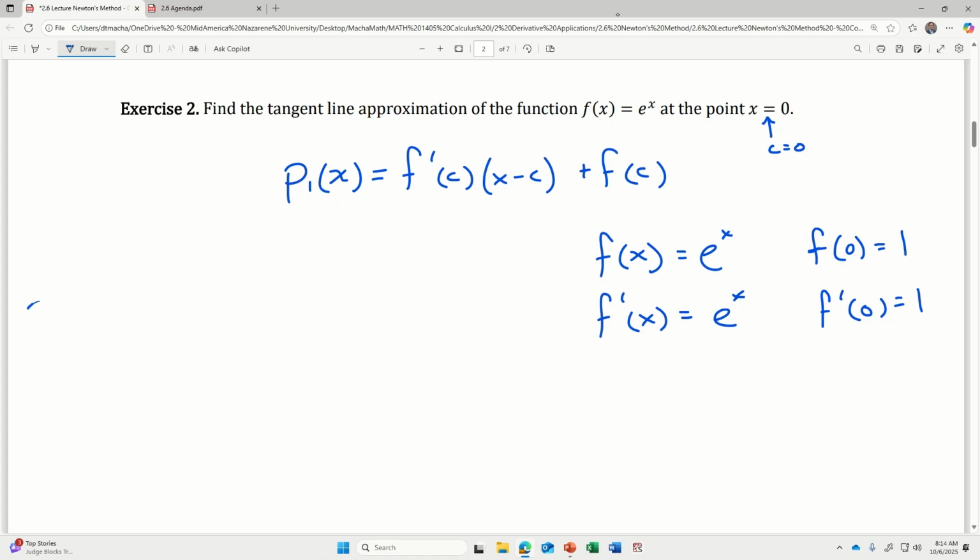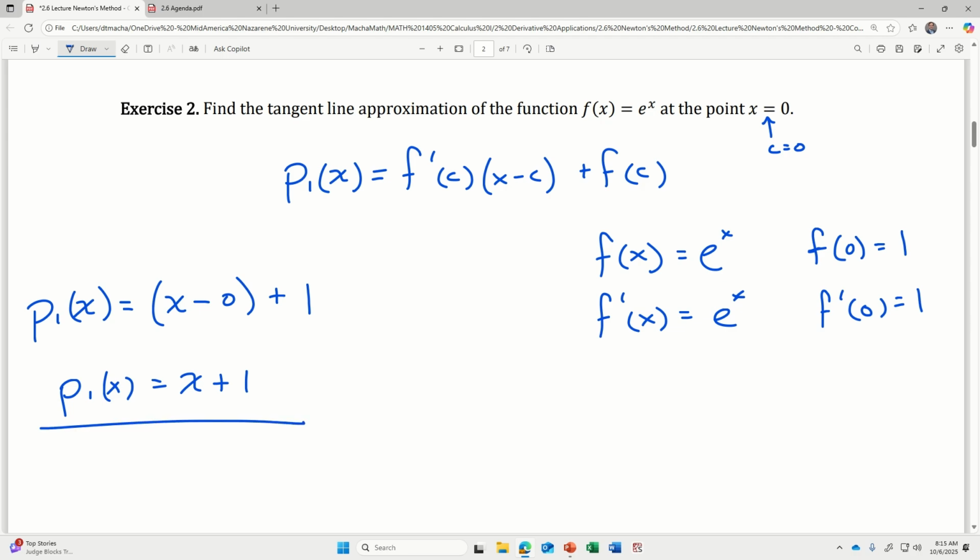And so I'm ready to write my tangent line approximation. Because f prime of 0 is 1, times x minus 0, plus f of 0 is 1. So this is super easy. This is just x plus 1.